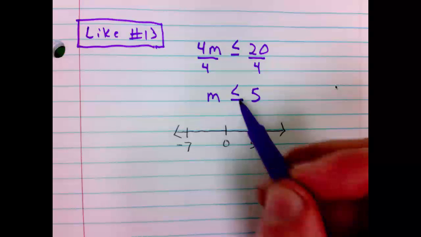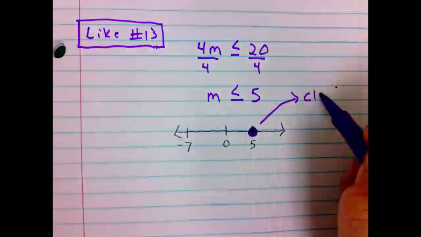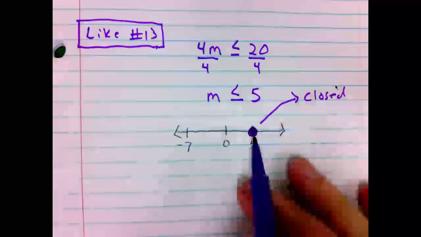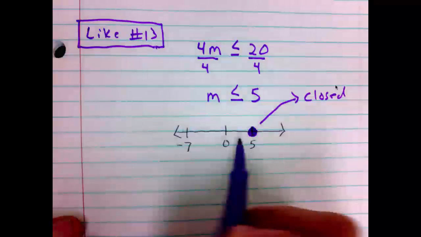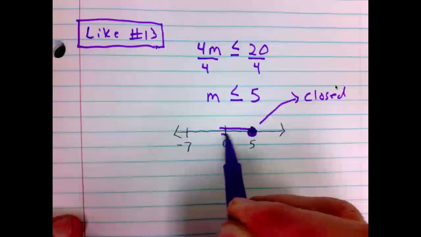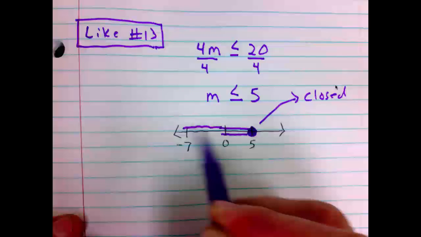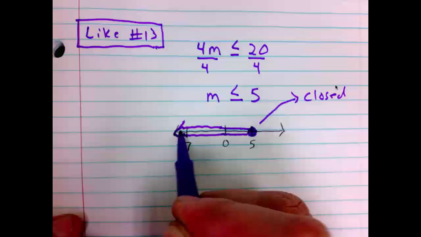This colored in point we call closed. We want values less than, so again we will shade to the left, because as we move left on the number line we have less than values. We indicate with an arrow that it extends infinitely.